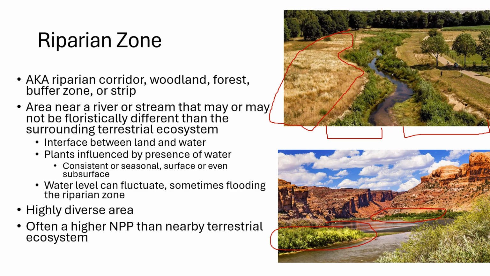Okay, so the riparian area is just that zone next to the river that is watered by the water flowing through the river and seeping into the soil underneath the vegetation, and it supports lots of vegetation, where you might have trees growing in what is otherwise a sandy desert. Often higher net primary productivity and higher biodiversity than the surrounding areas.